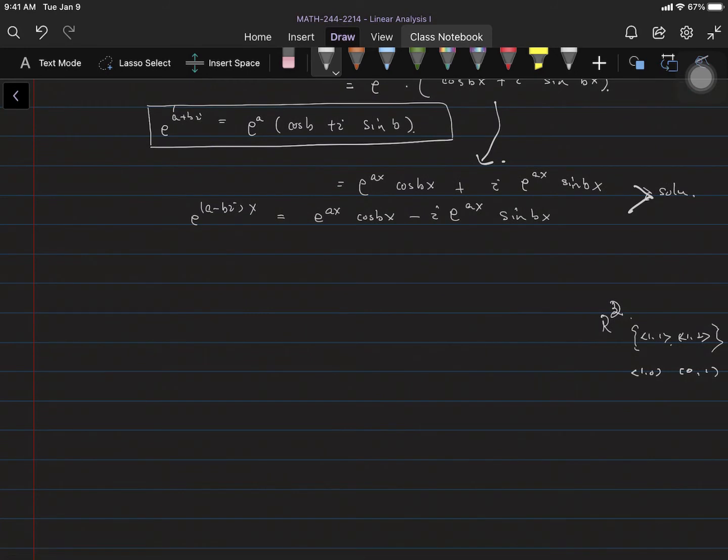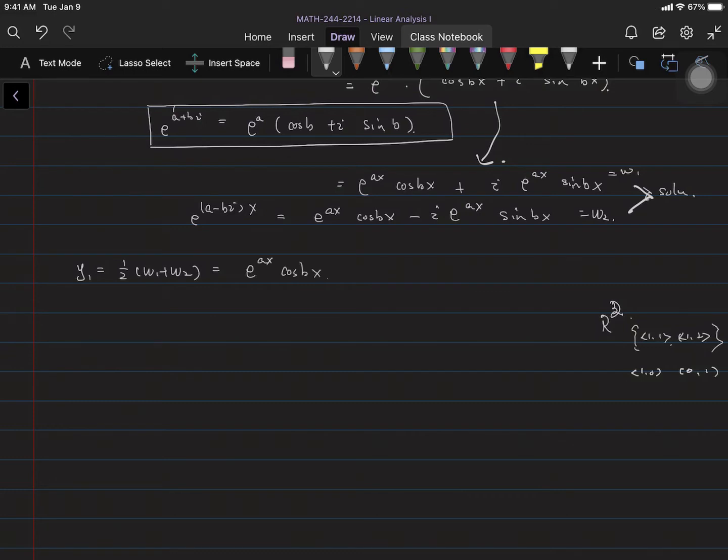We want to use an easy way to express the general solution. So we can say this is W1 and this is W2. If W1, W2 both are solutions, then 1/2 of W1 plus W2 should also be a solution. When we add them and divide by 2, it cancels the imaginary part. It's going to be just e to the ax cosine bx.